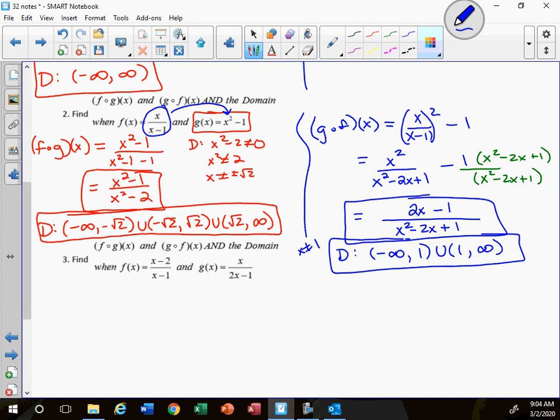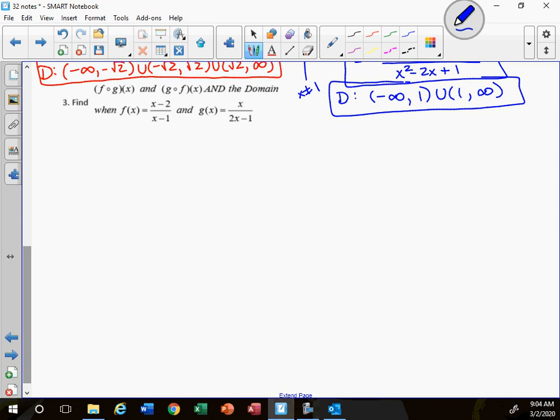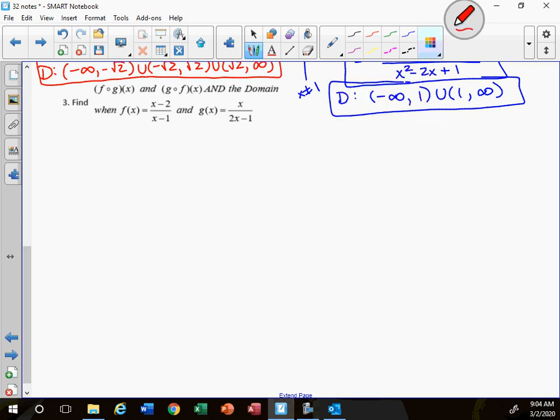All right, let's look at 3. All right, let's do f of g of x first. We got a lot of fractions now. Okay, so just plugging it in looks kind of ugly, and taking this fraction and plugging it in both numerator and denominator.